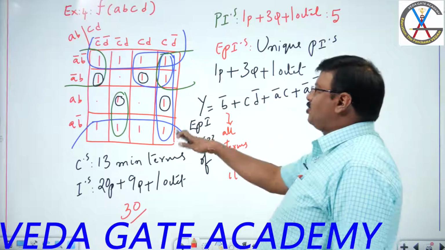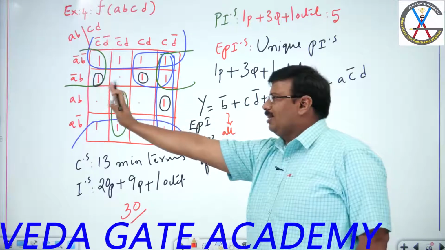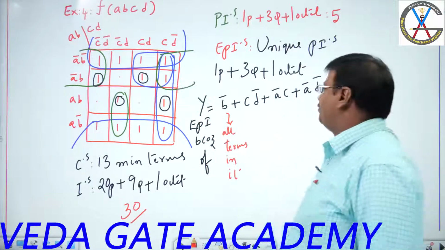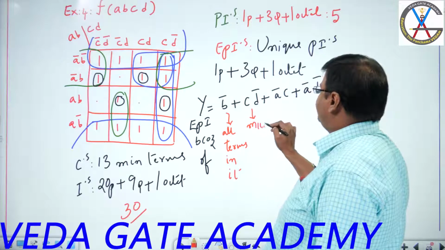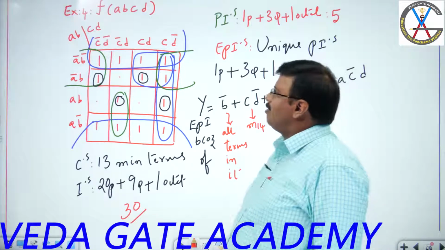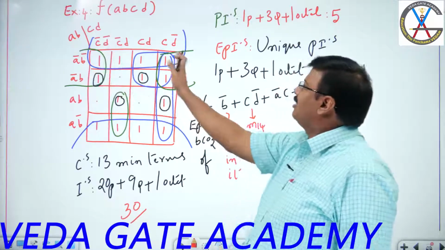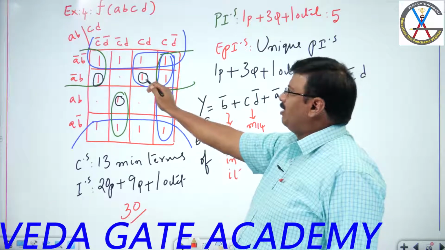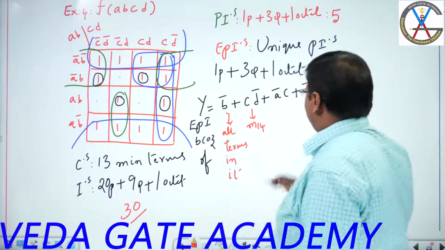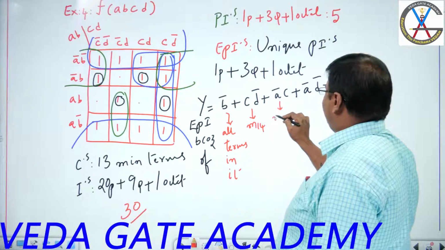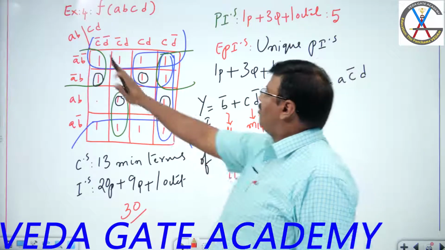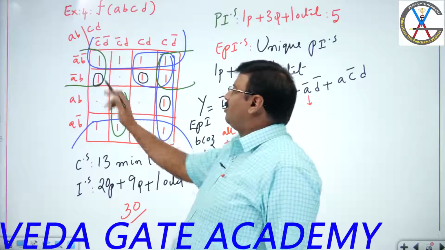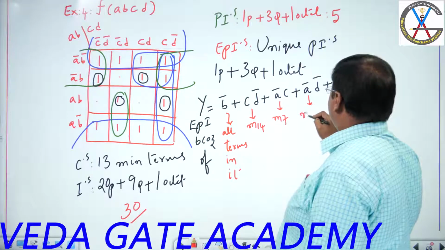CD bar is essential because of this square, 12, 13, 14, 15. So M14: CD bar is essential because of minterm 14. A bar C, this one, this square. So 4, 5, 6, 7. So because of minterm 7, it is essential. And A bar D bar, left and right, this corner M4, minterm 4, it is essential.